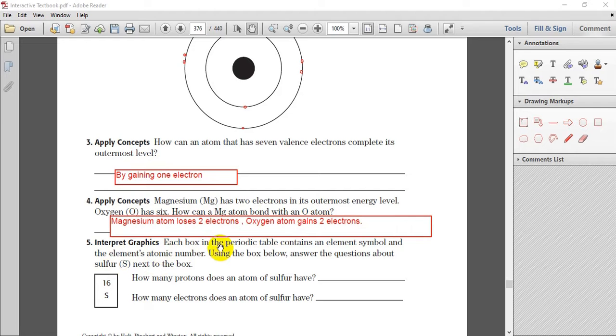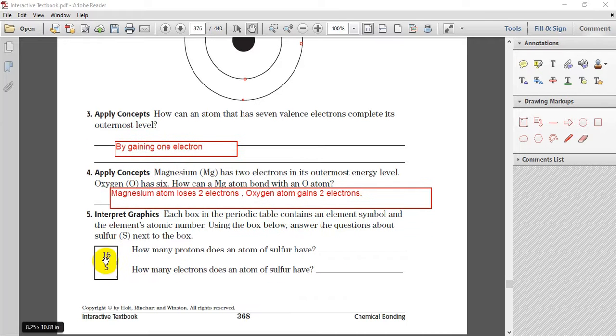Next question, each box in the periodic table contains an element symbol and the element atomic number. Using the box below, answer the questions about sulfur. As we know, inside each box we have the symbol or the letter for the element, and up here the atomic number.